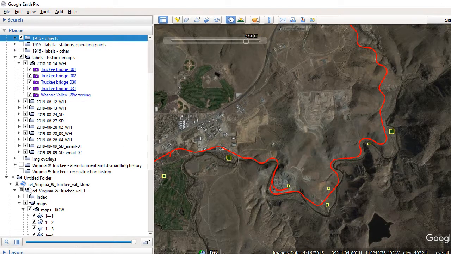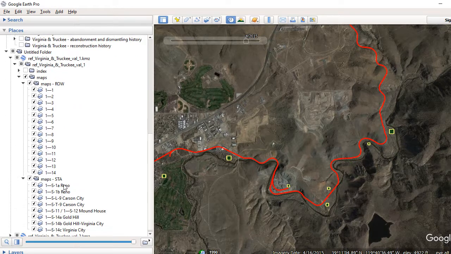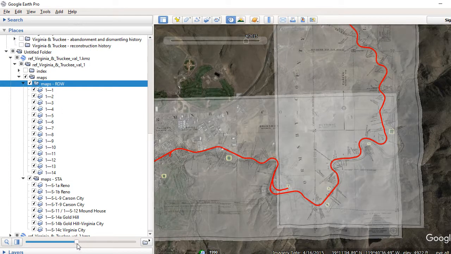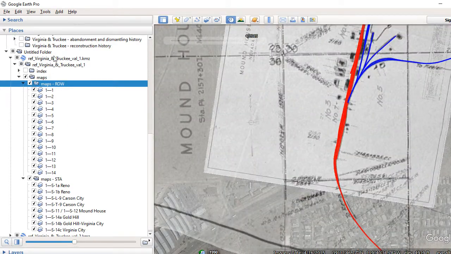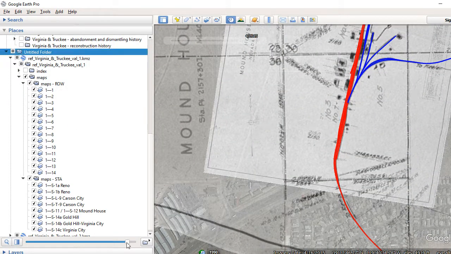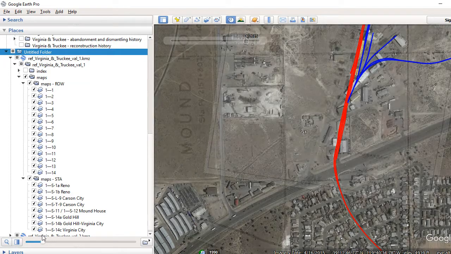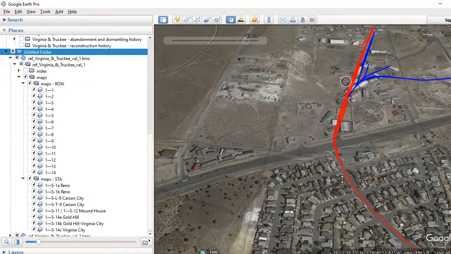Moving toward, I think there's some interesting things to discuss near Mound House. There's a couple of things that ought to get talked about. Oh yeah, we have to bring these back. That's too much brightness. A couple of things that are important to understand here.